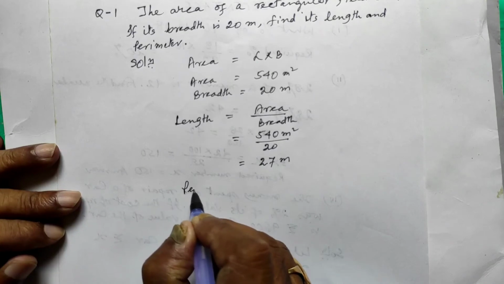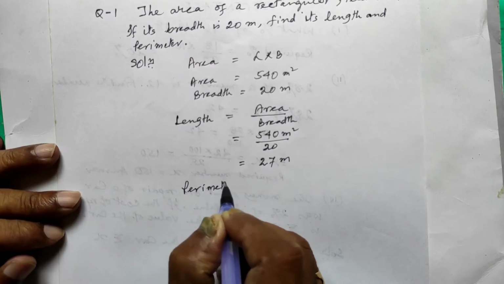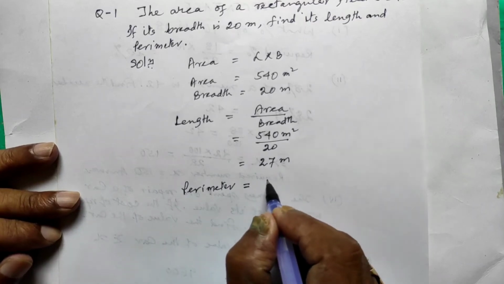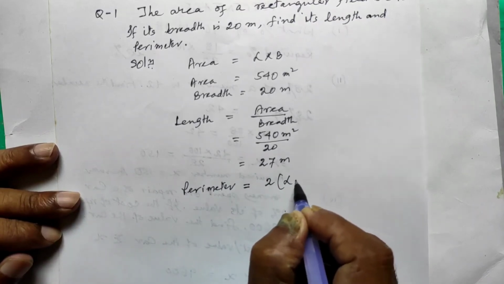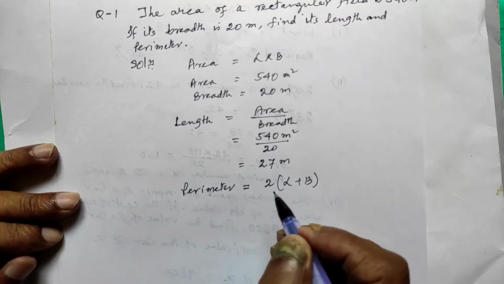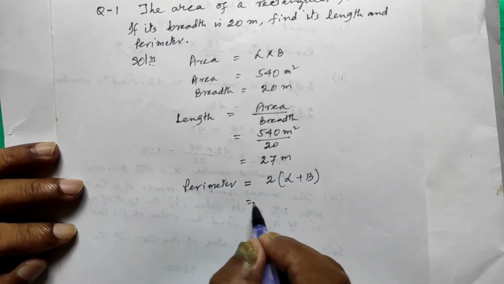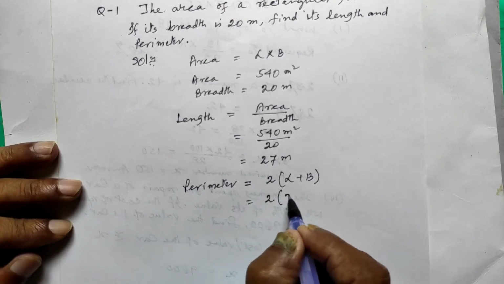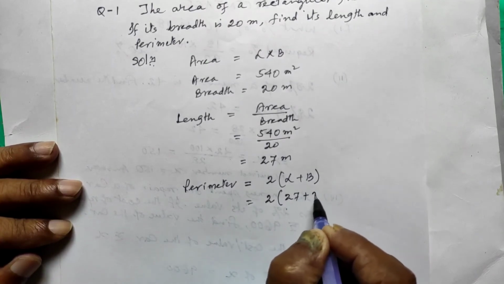Now that you have the length, the perimeter formula of a rectangular field, we know very well, is 2 times length plus breadth. Here you just keep the formula like this. Your length is 27 and breadth is 20.